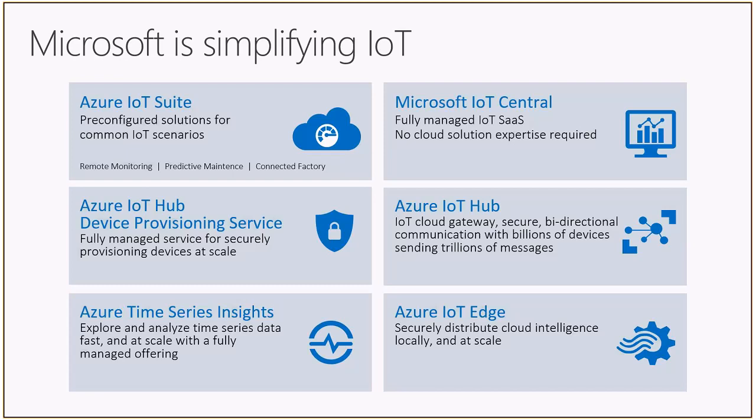So these are the overall offerings Microsoft IoT has. And today what we are going to do is drill down into what the Azure IoT Edge offering is and do a few demos around it.